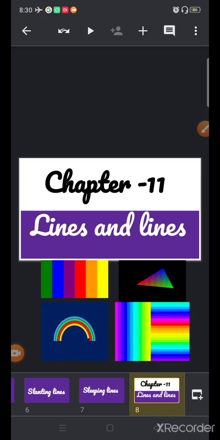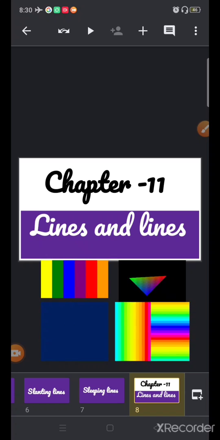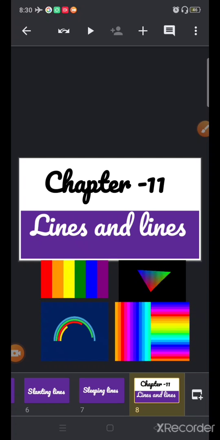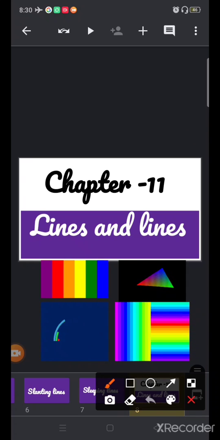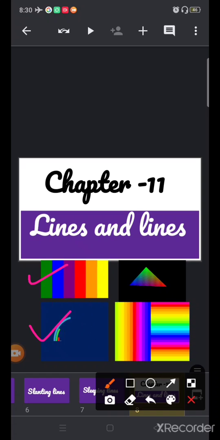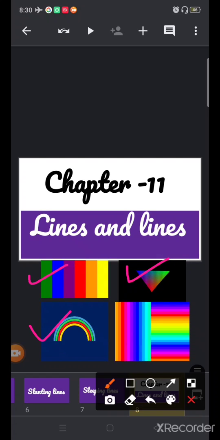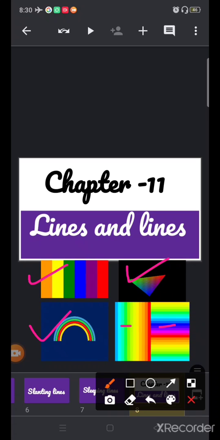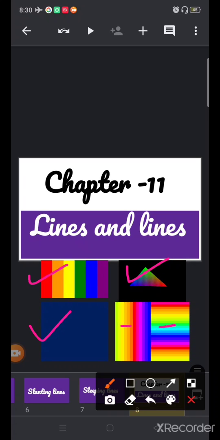How many types of lines are there? There are 4 types of lines. Standing line, then curved lines, then slanting lines, and standing and sleeping lines. Both lines are there, standing and sleeping.